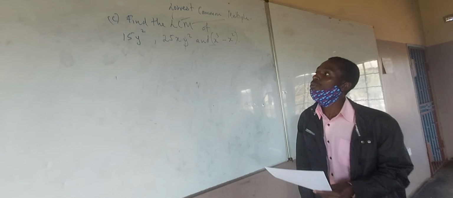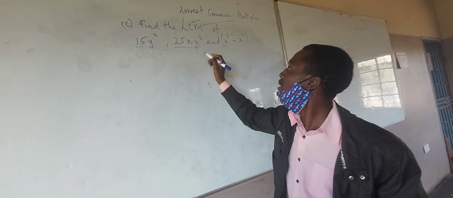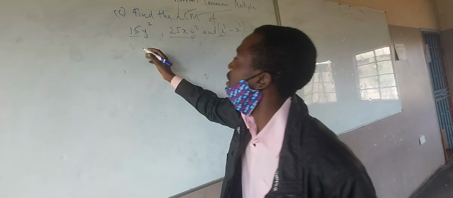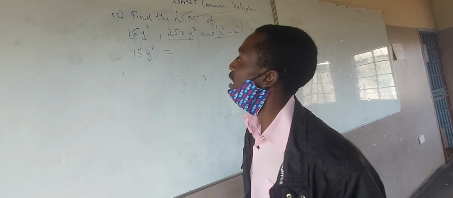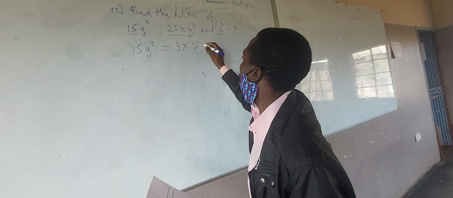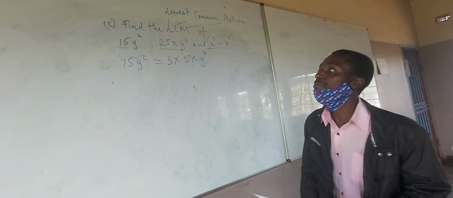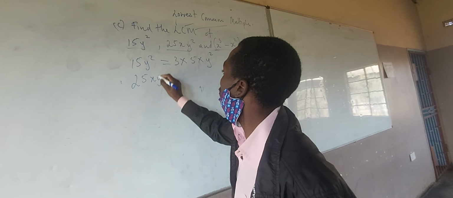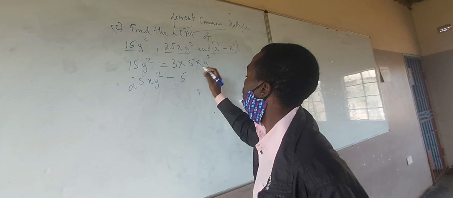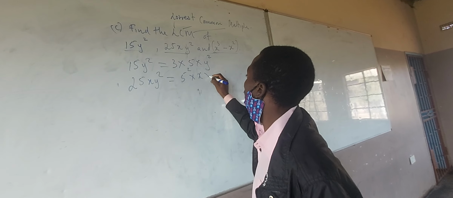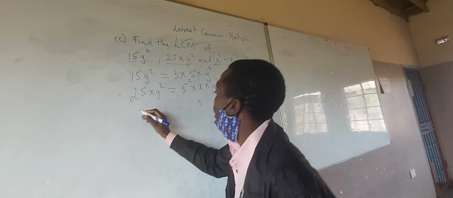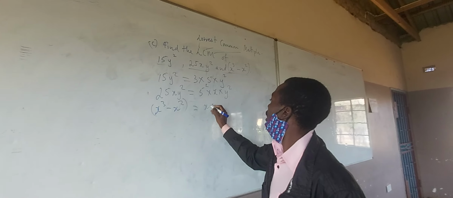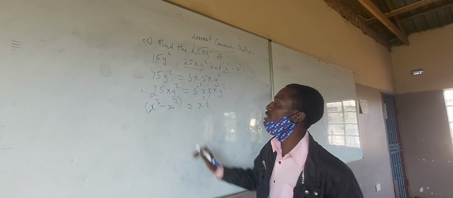Lowest common multiple. So firstly, we have to express each term as a product of its prime factors. 15y squared can be expressed as 3 multiplied by 5 multiplied by y squared. 25xy squared can be expressed as 5 squared times x times y squared. x to the 3 minus x squared can be expressed as x squared, because x squared here is a common factor.